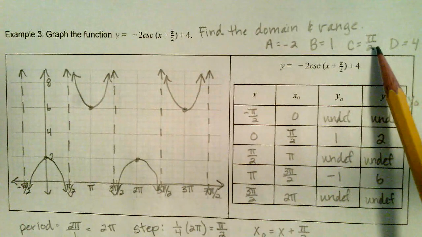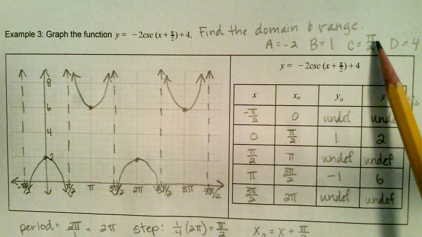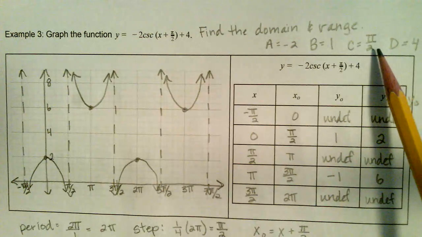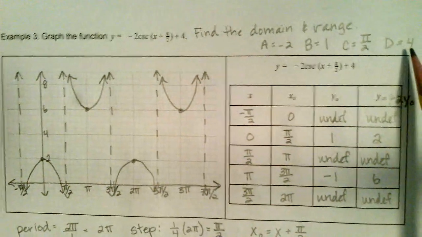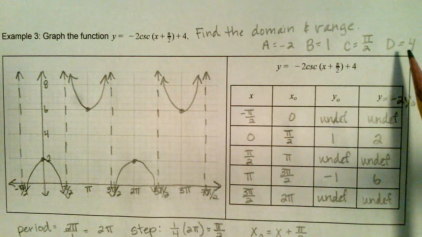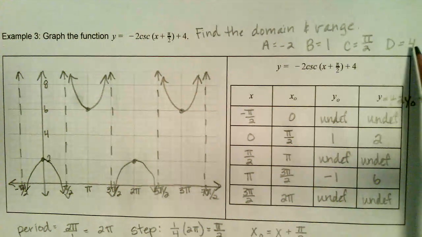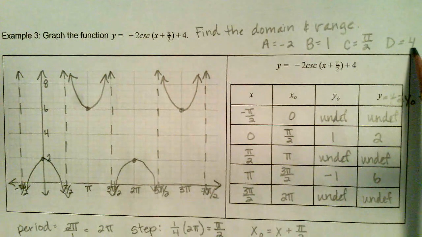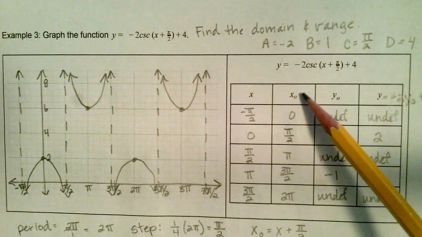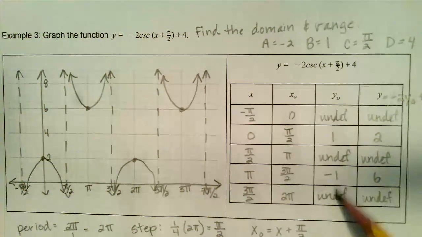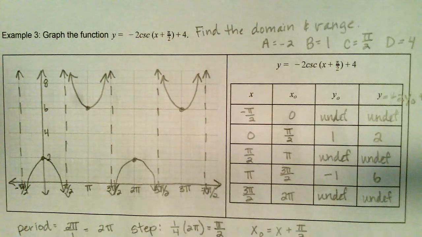I'm going to have a phase shift because C is pi over 2. And I'm going to move up vertically 4 units. So again, I start with my x0 and y0 from the tables that we determined yesterday.